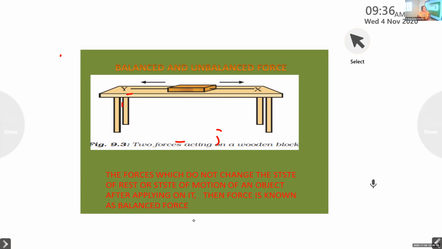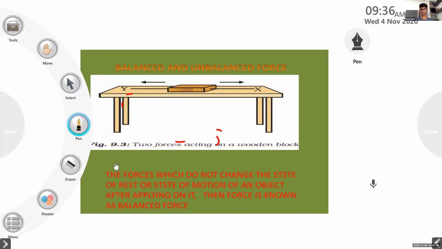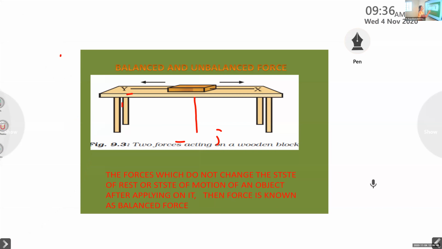In which direction does gravitational force act? Downwards. At the same time, there is also static friction between the table and the book.